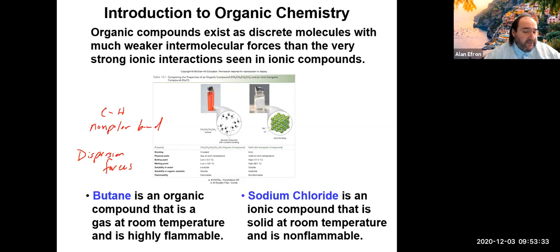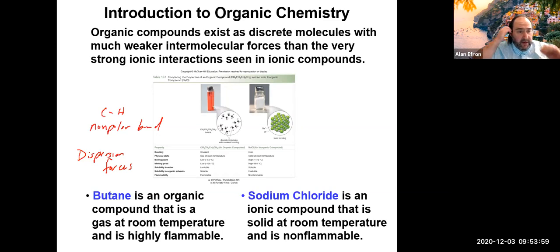Since dispersion forces are pretty much the weakest that you could get in terms of those, what we see is that a lot of organic compounds are gases at room temperature. If you think about some of the simplest organic molecules, things like methane, propane, butane, those are all gases at room temperature. You take something like sodium chloride, which is held together by a very strong intramolecular force.